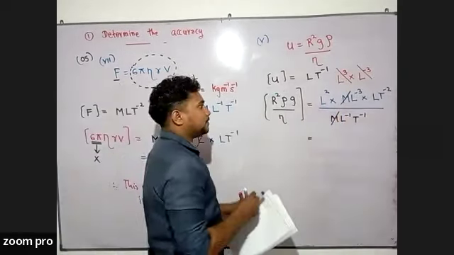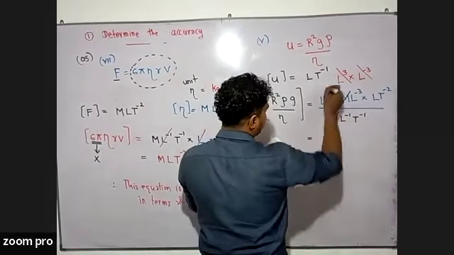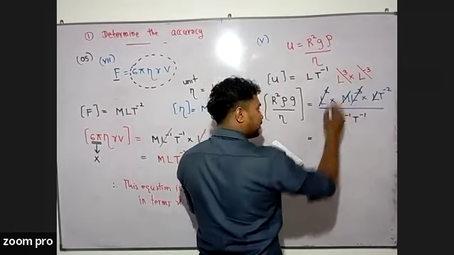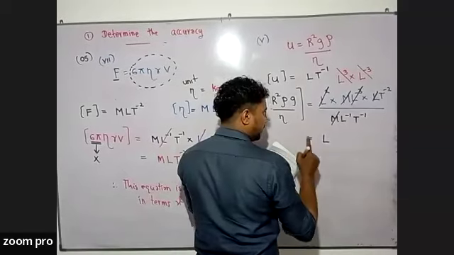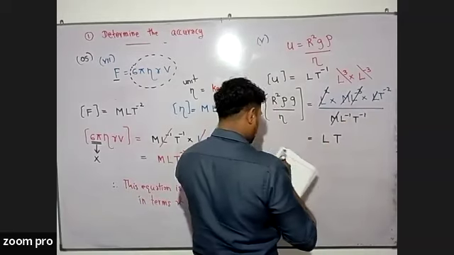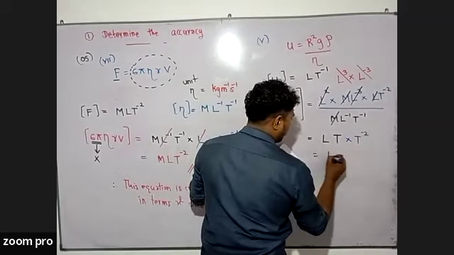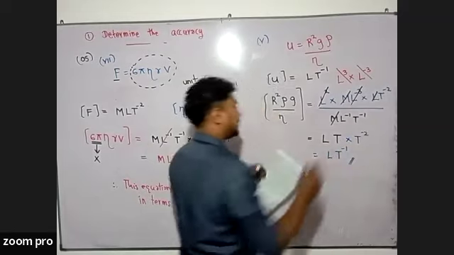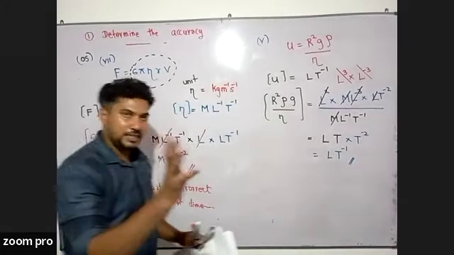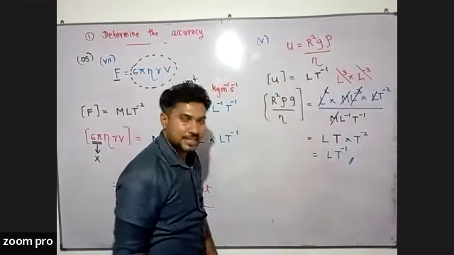Then, when this L^-1 comes to the numerator, it converts to plus 1, and this T^-1 comes to the numerator, it converts to plus 1, and together with T^-2, if we simplify further, you can obtain that the dimensions of this term is equal to LT^-1. That means this equation has two terms, and each term has the same dimension.